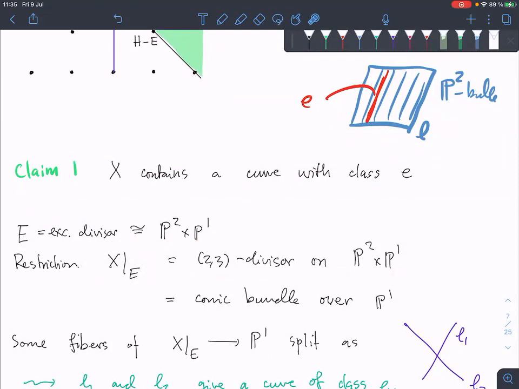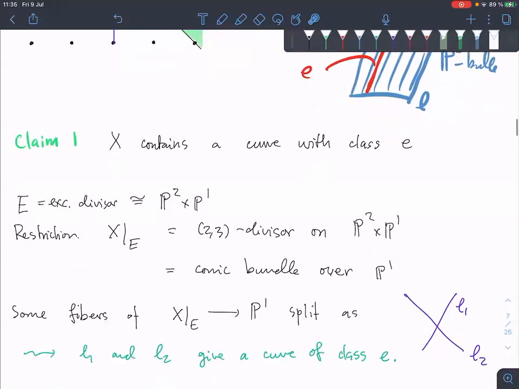This is easy to compute because we have a formula for the anti-canonical divisor, and X is inside the anti-canonical linear system, so we just compute that it's of type 2-3. But this one we can interpret geometrically.